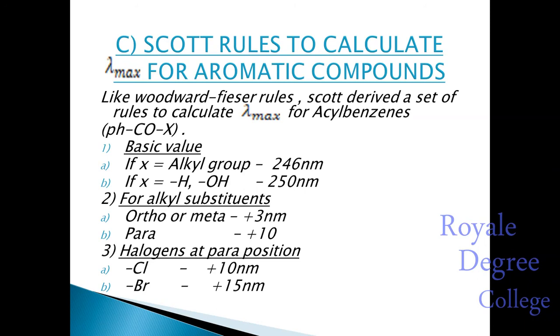If X is hydrogen or OH, the basic value is 250 nanometer. For an alkyl substituent at the ortho or meta position, the value is plus 3 nanometer. If the alkyl substituent is at the para position, plus 10 nanometer. If a halogen is at the para position, chloro gives plus 10 nanometer, and bromo gives plus 15 nanometer.